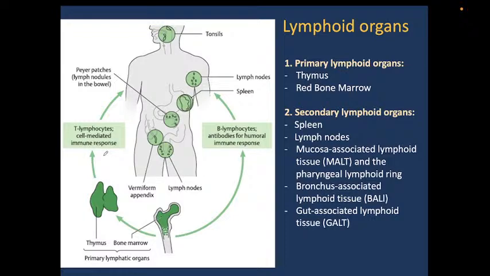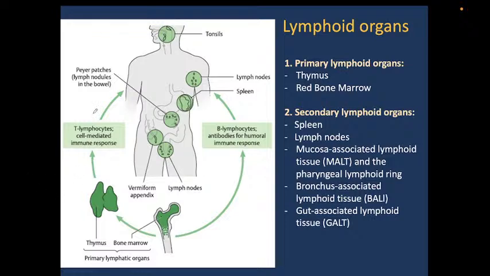But the secondary lymphoid organs are subsequently populated by immunocompetent lymphocytes and are sites for various processes such as antigen presentation, lymphocyte proliferation, and antibody formation.